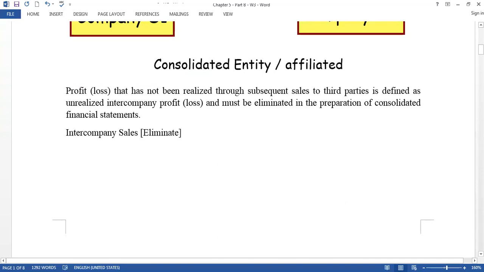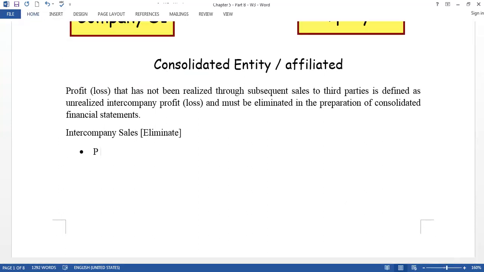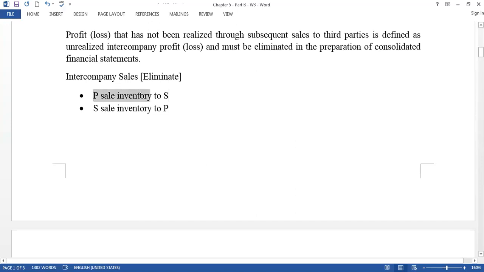This kind of intercompany sale may be that P sells inventory to S, or S sells inventory to P. If this is the case, it is called intercompany sales. From here you can easily understand which one is upstream and which one is downstream. Parent sells to S, it is downstream, and S sells to P, it is upstream.